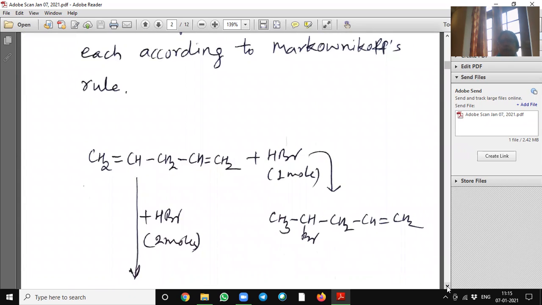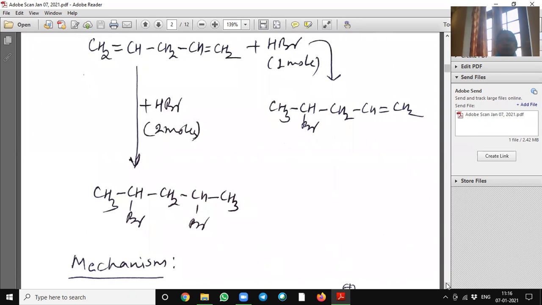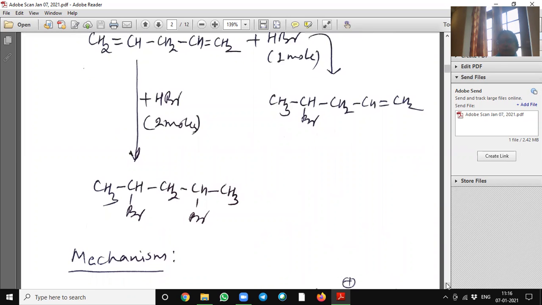When 1 mole of HBr is added to 1,4-pentadiene, it will give 2-bromo-4-pentene. When 2 moles of HBr are added, it will give 2,4-dibromopentane.